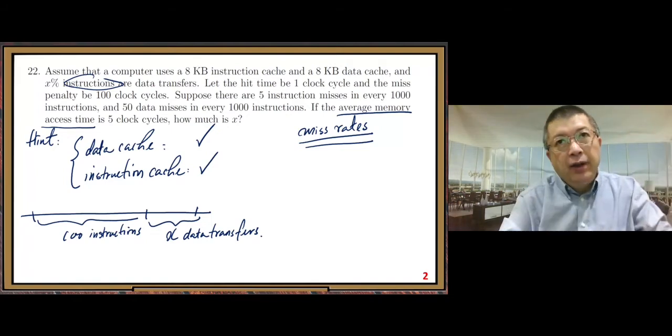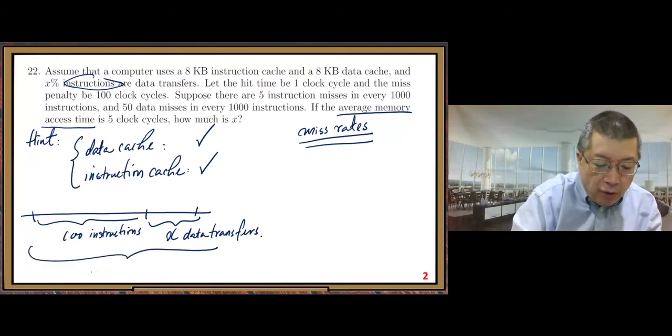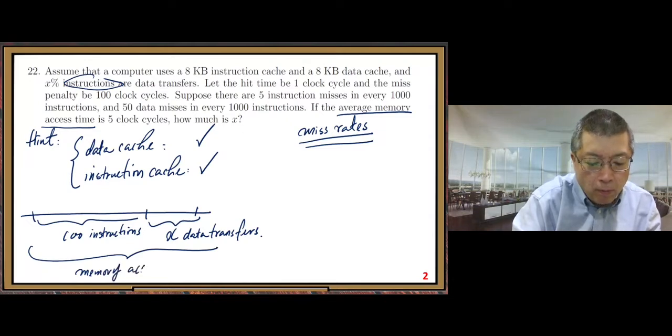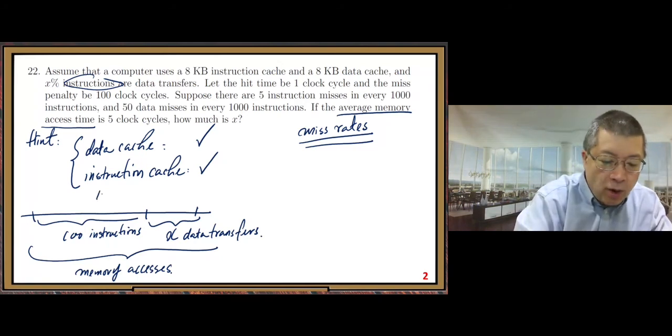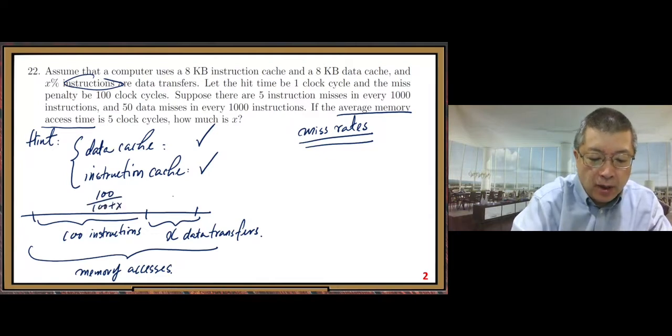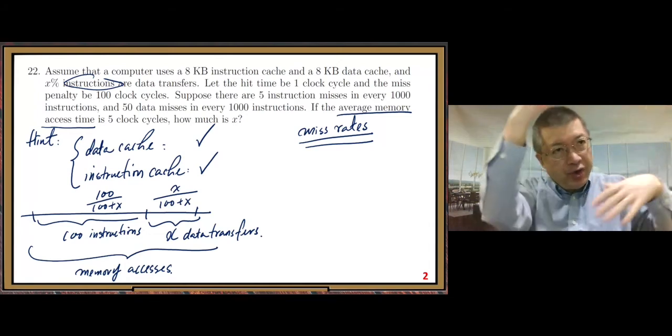Among all the memory accesses, the fraction for the instruction part is 100 over 100 plus x, and the fraction for the data transfer part is x over 100 plus x.